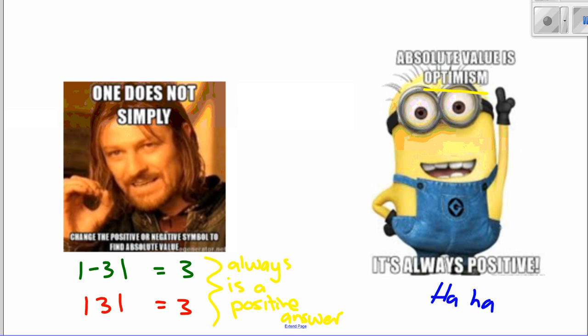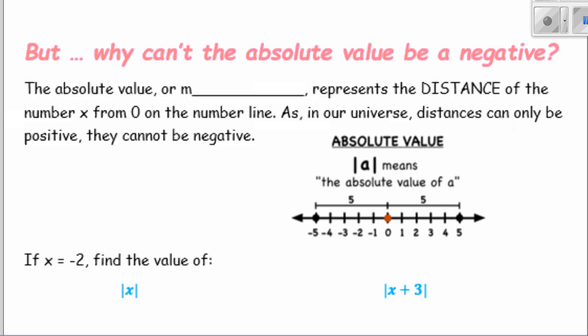Okay, let's move on. But why can't the absolute value be a negative? So why mathematically can't the absolute value be a negative? The absolute value, or the modulus, that's another name for the absolute value, represents the distance of a number x from 0 on the number line. As in our universe, distances can only be positive, so the absolute value can't be a negative answer.